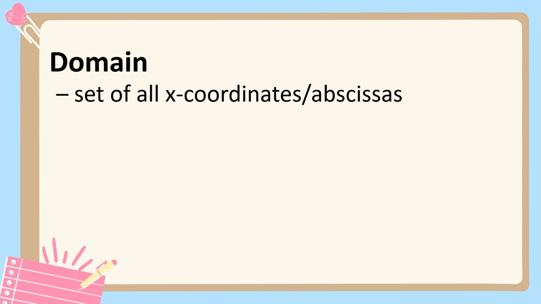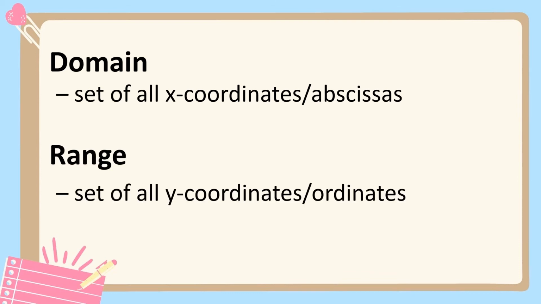We will now determine the domain and range of the given relation. But before that, we need to define first domain and range. Domain is the set of all x-coordinates or abscissas. Range is the set of all y-coordinates or ordinates.